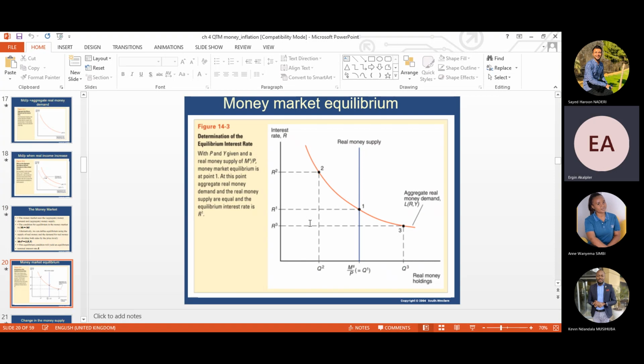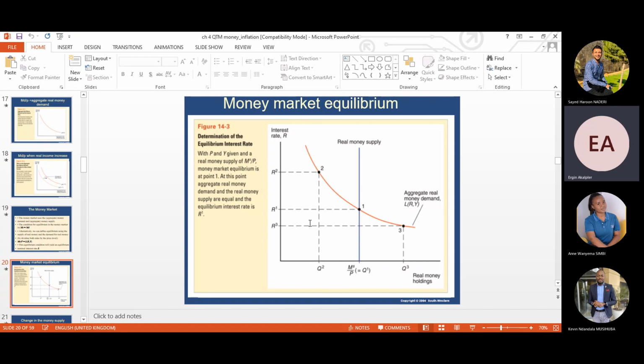Okay, here the money market equilibrium is represented. The interest rate, R, is on the y-axis, and real money holding is on the x-axis. M over P is the real money supply, and R is the interest rate. Here the real money supply is represented by the vertical line, which is not affected by the interest rate in the long run, and the aggregate real money demand.